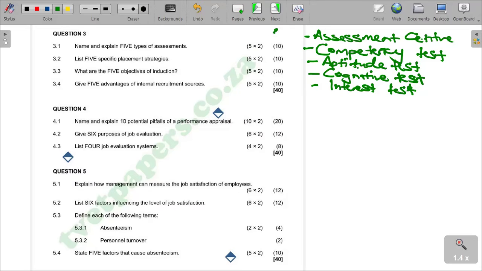Let's go to 3.2. List the 5 specific placement strategies.